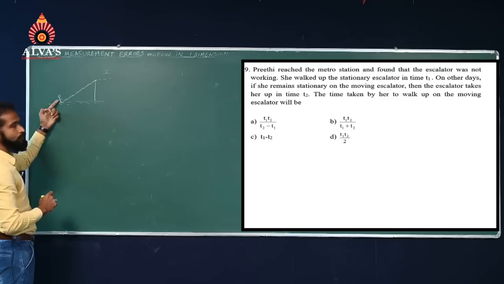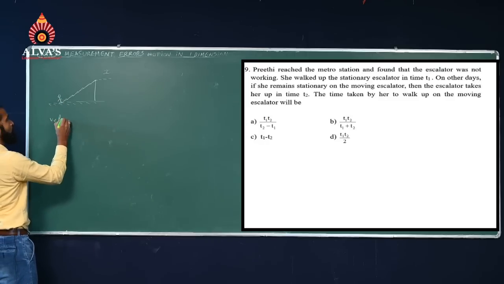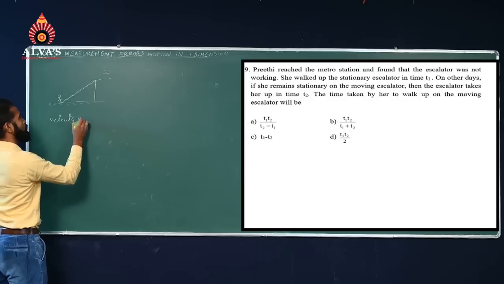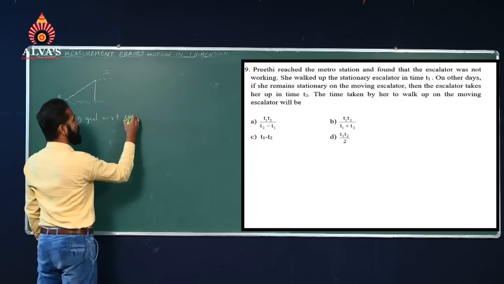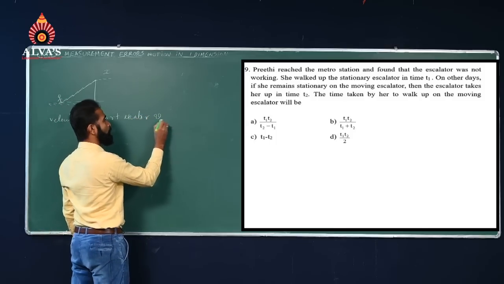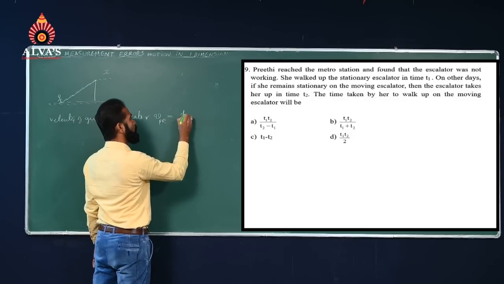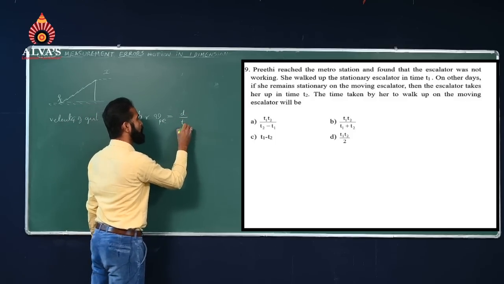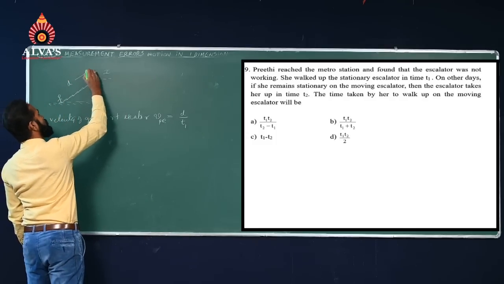So the velocity of her is with respect to the escalator. So therefore velocity of the girl with respect to escalator, I'll write velocity of Preeti with respect to escalator, VPE, that is nothing but total distance divided by some time, that is given in the question as T1. So this distance is nothing but D.